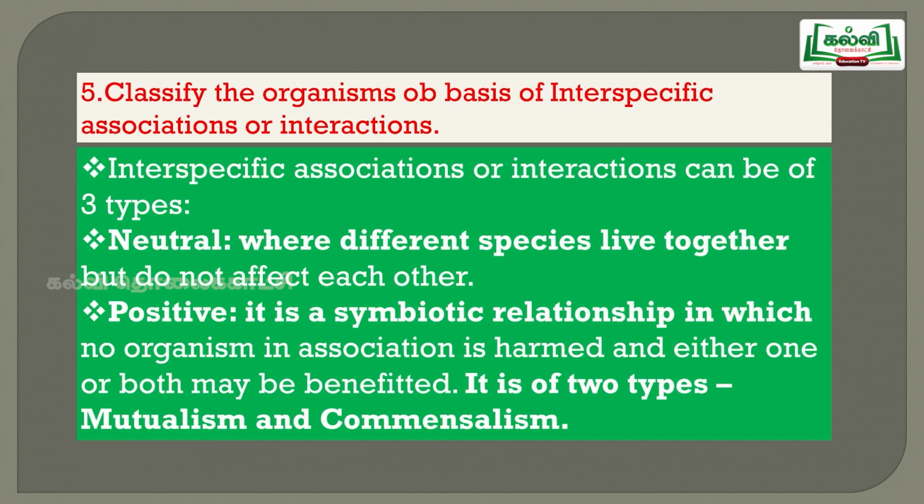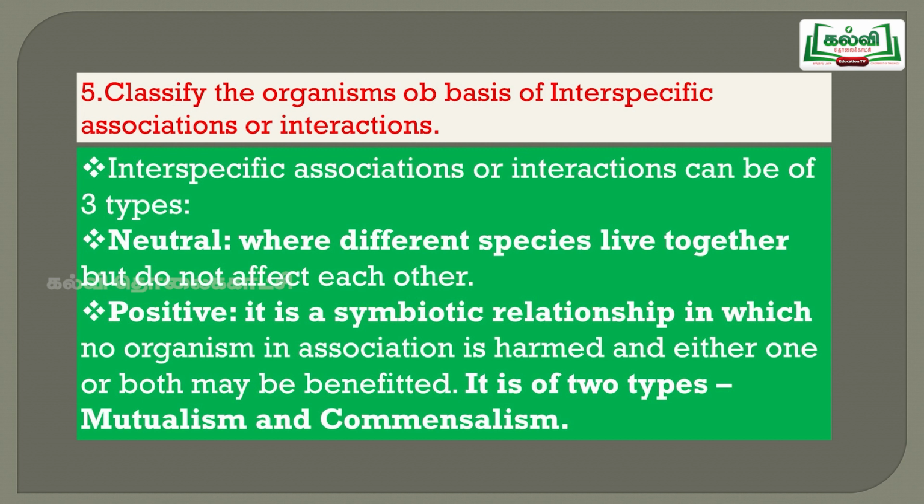The fifth one, classify the organisms on the basis of interspecific associations or interactions. Interspecific associations or interactions can be of 3 types, that is neutral, positive and negative. Neutral is where different species live together but do not affect each other.